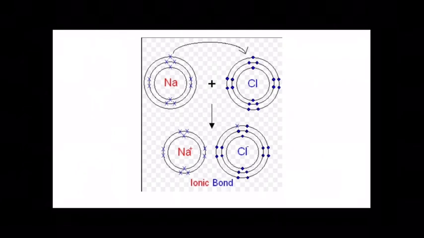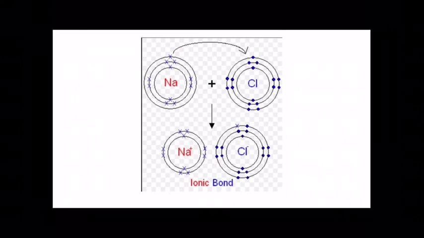Okay, so here's an example. Sodium chloride. Sodium chloride, as you probably know, is table salt. And so what this is showing on the top is sodium and chlorine in their natural states. But we know that the chlorine would like to add an electron to itself, and the sodium would like to get rid of an electron. And so the sodium can donate an electron.